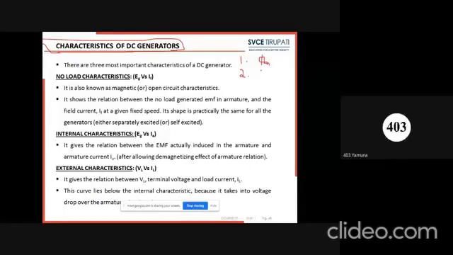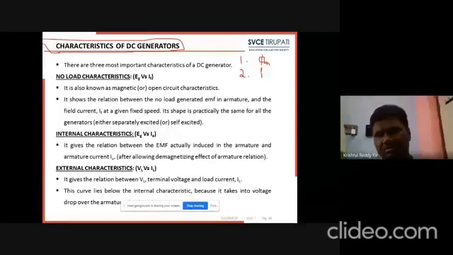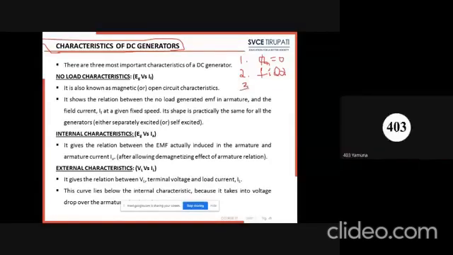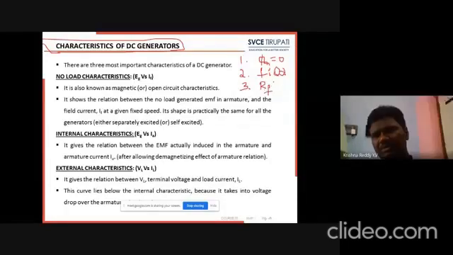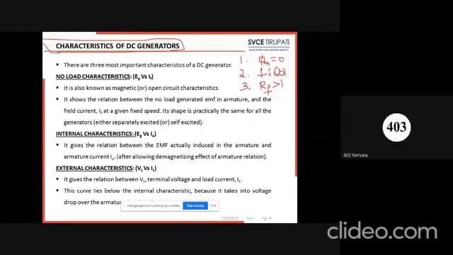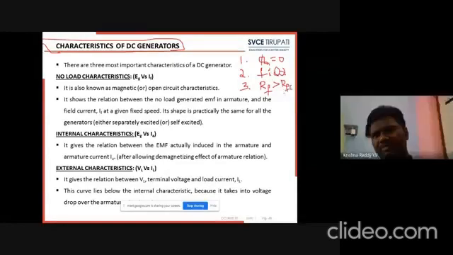Next, connection should be in proper manner. The field winding connection must be in proper manner. If the field winding connection is wrong, the residual flux becomes zero. The third one, the field winding resistance must be less than the critical field resistance.